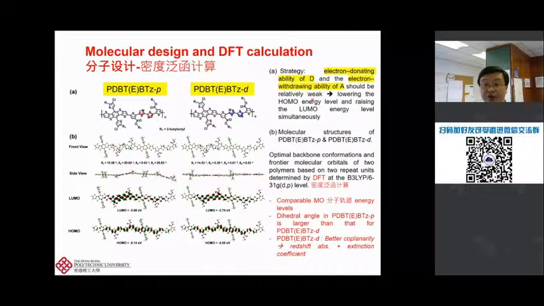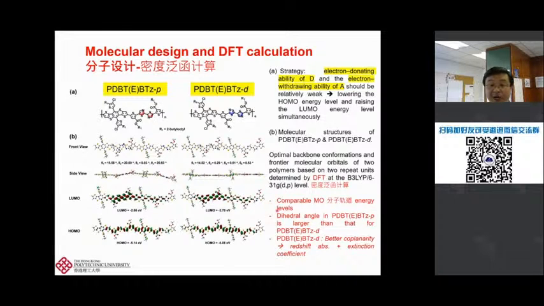We use relatively weak electron donating capability and electron withdrawing capability of these moieties to tune the energy level, and we use the DFT method to simulate whether our design methodology is sound or not.